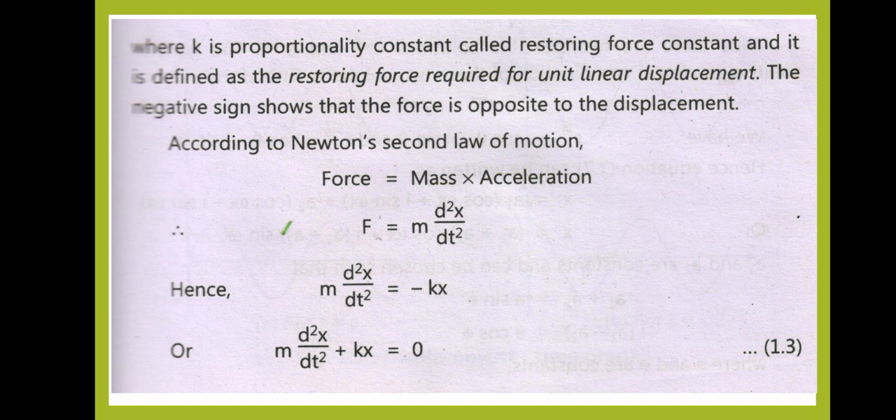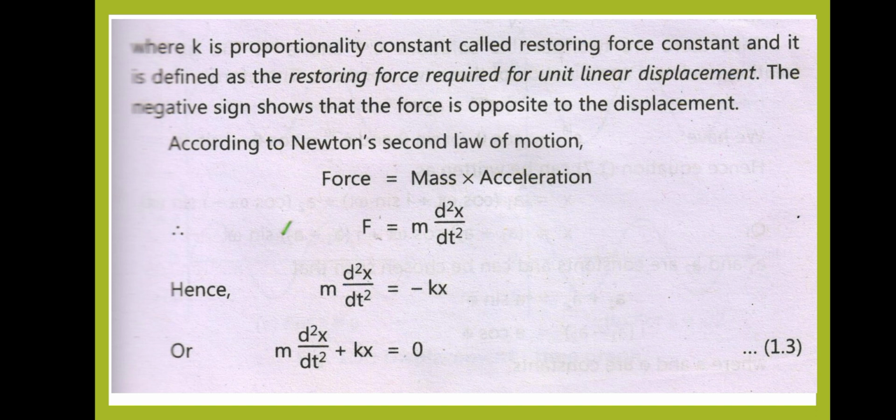Hence m d square x by dt square is equal to minus kx. Rearranging this equation, we get m d square x by dt square plus kx is equal to 0.